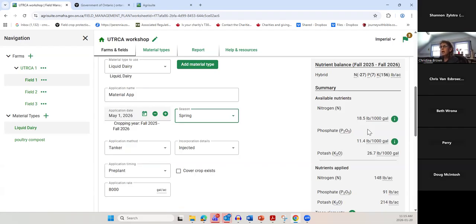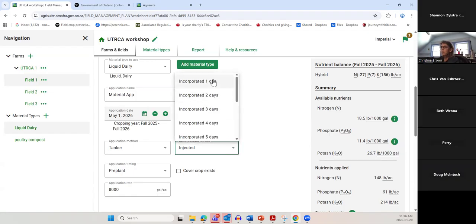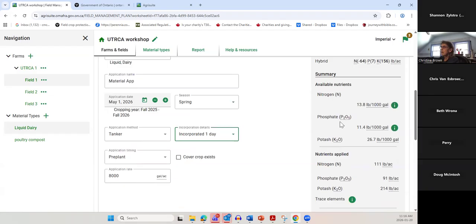It really comes down to what the conditions are in the spring. If it's a cold backward spring, I'm going to expect less of this than if it was a nice, relatively warm spring, because some of this comes down to microbial activity. The other thing that I look at when I look at this number is that we'll go to 1 day incorporation.